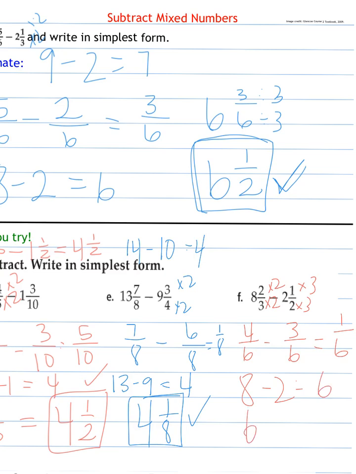Those get put together to be 6 and 1/6. Again, this is close to 9 minus 2.5. Well, 9 minus 2 is 7, minus another half is 6.5, which is pretty close to 6 1/6, so that answer does make sense.